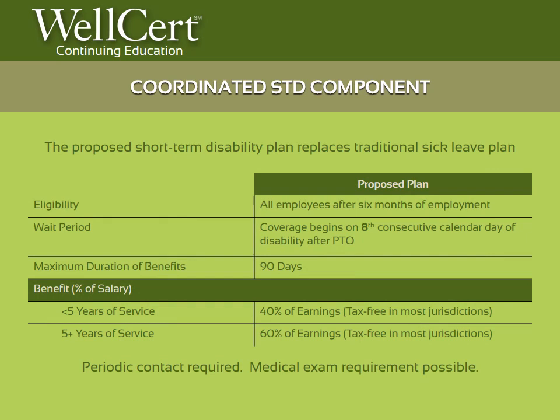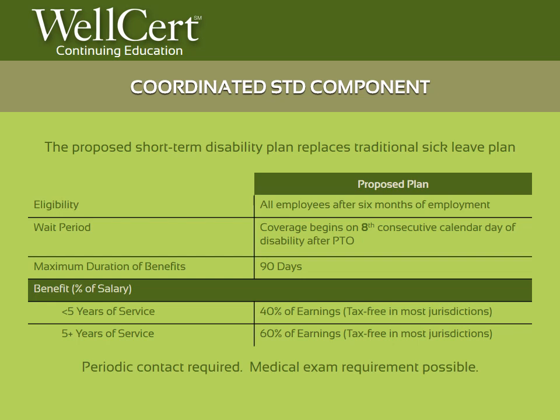Now, the coordinated short-term disability component usually includes up to 60 days of short-term disability coverage. It can go longer depending on the type of coverage pattern and what's being written in terms of this insured business. And the proposed short-term disability plan replaces a traditional sick leave plan. So the eligibility is all employees after 6 months of employment. The wait period starts after the 8th consecutive calendar day of disability after the PTO.